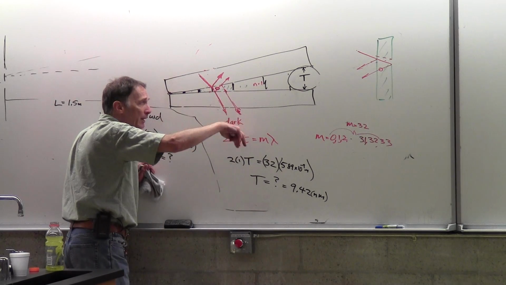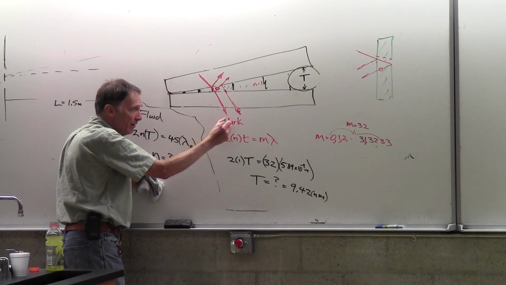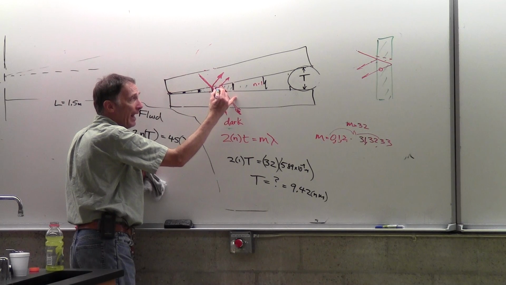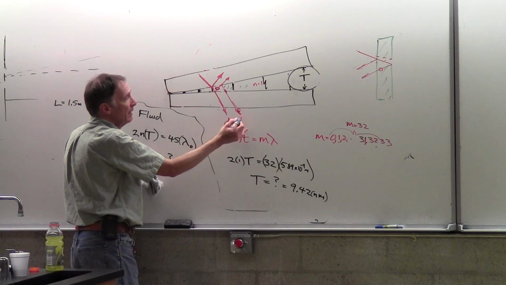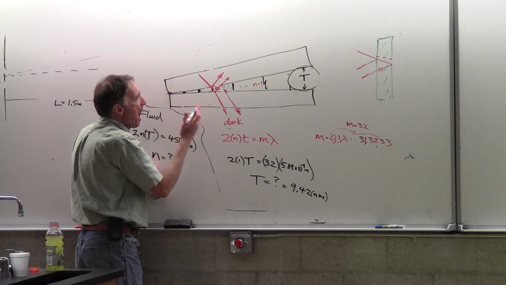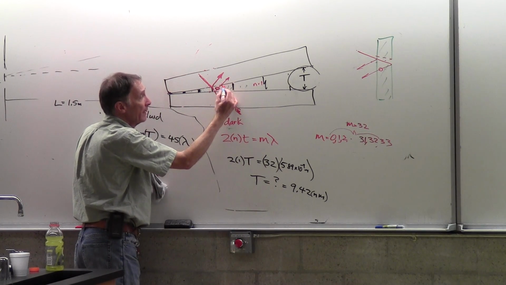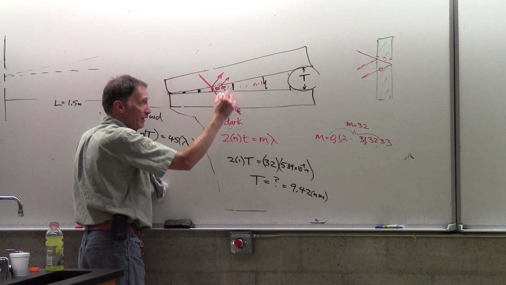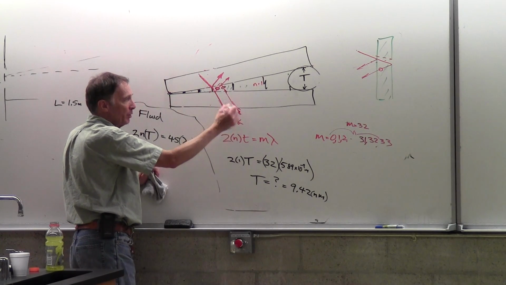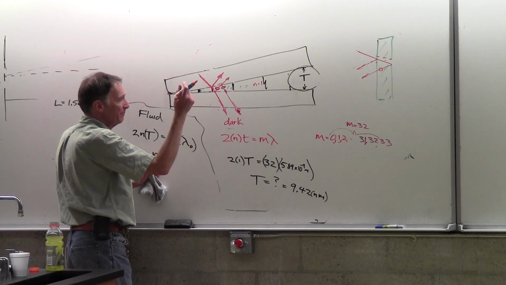So this is being transmitted. This one has no phase change. This one had one here, and it's reflected, and it would have another phase change there. In this particular case with air, these two phase changes would cancel and put them back into phase.